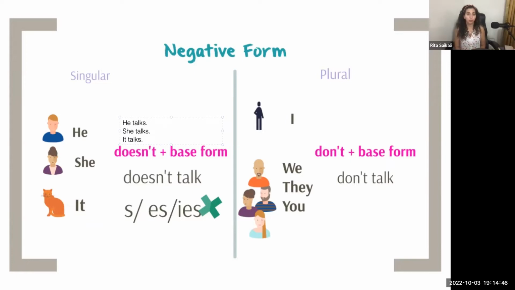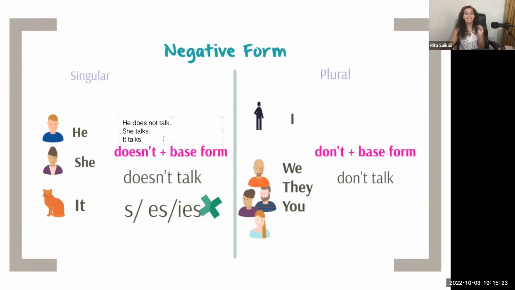To make it negative, we have to add the verb to do plus not. The verb to do with third person singular is does, right? So then if we want to transform this example into a negative, we have to put does not or doesn't talk. But here's the thing. We can't keep the s at the end of that verb because now what's conjugated is the verb to do.